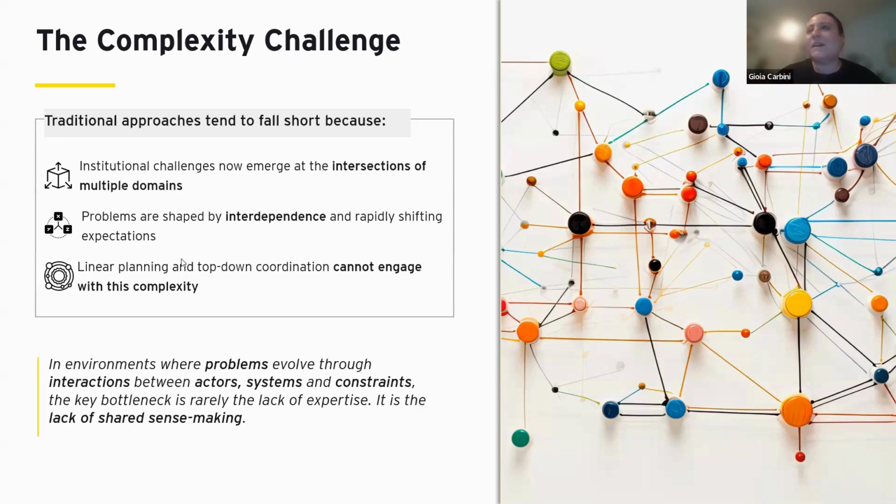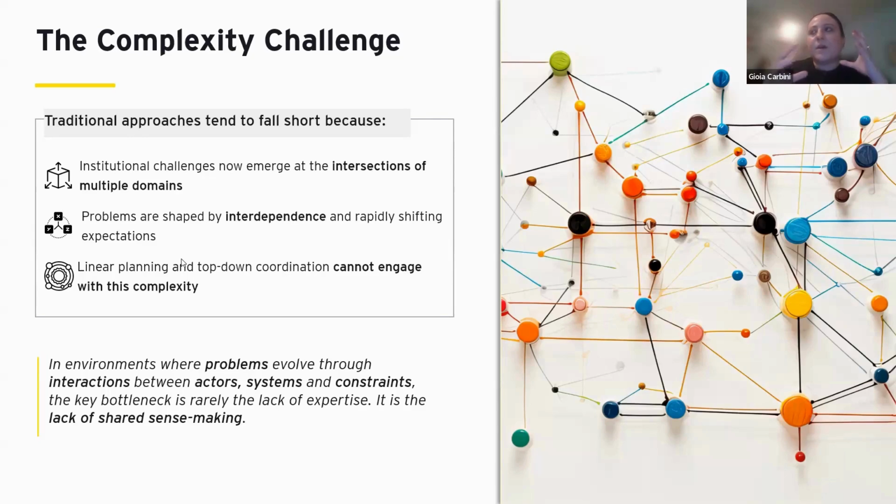When we see these changes in the current world, not just for public institutions or the public sector, uncertainty has become a very structural phenomenon. This is not something that happens once in a while, and these elements are not drifted apart. They are very, very interconnected.